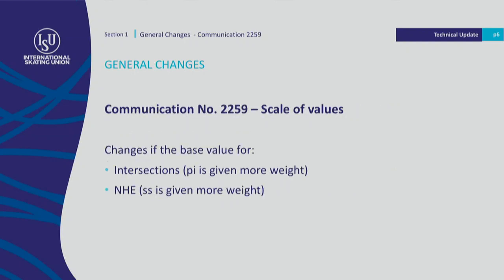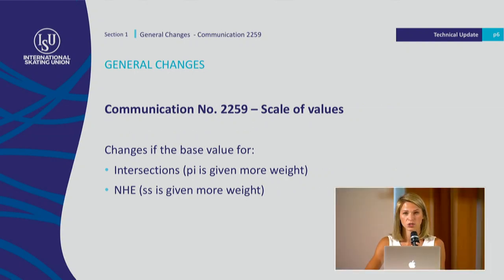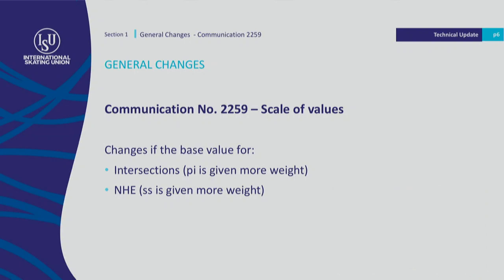The changes have also been made to the scale of values for intersection and for the no-hold element. We wanted to give more importance to the point of intersection for the intersection element and to the step sequence in the no-hold element. For example, the base value for no-hold element 2 step 4 will be 5.5, while the base value for no-hold element 4 step 2 will be only 4 points.